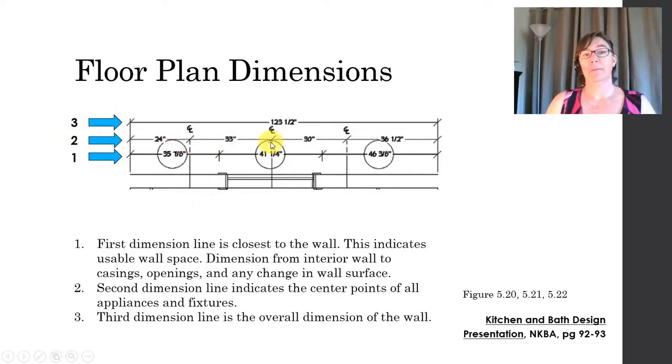Second line right here is the center point of any appliances and fixtures. So we're going to start again at an interior wall corner, and then we're going to the center line of an appliance or fixture that's not shown in this illustration, to the next appliance, it's probably to the sink that's right here, and to the next one.